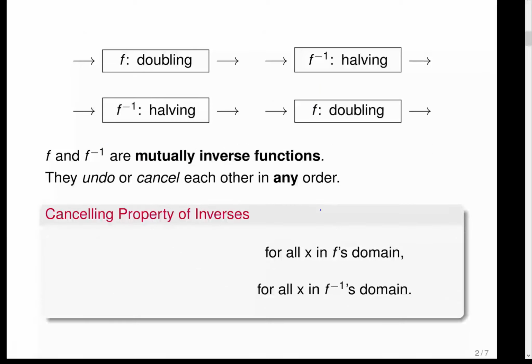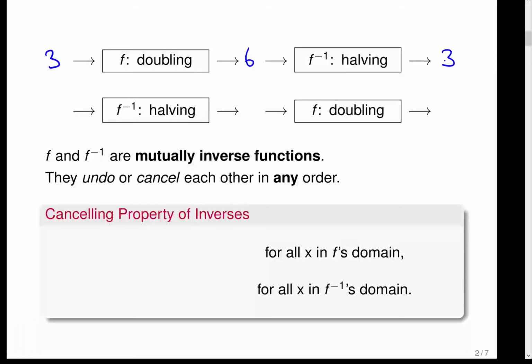Because f inverse effectively sends y values back to their original x values, it essentially undoes or cancels the operation of the original function. For example, if you throw 3 into the doubling function, you'll get 6. But if you then throw this 6 into its inverse function, the halving function, you'll precisely recover the original input 3.